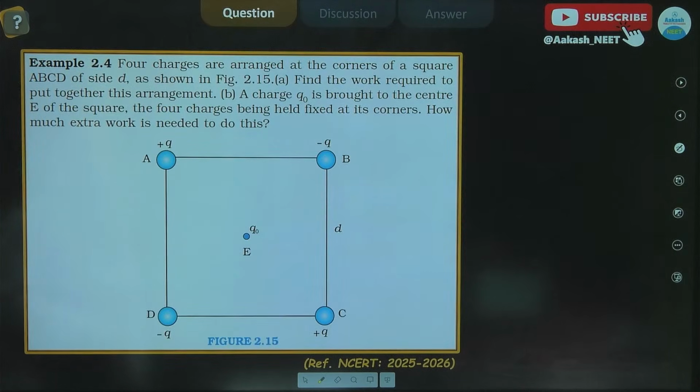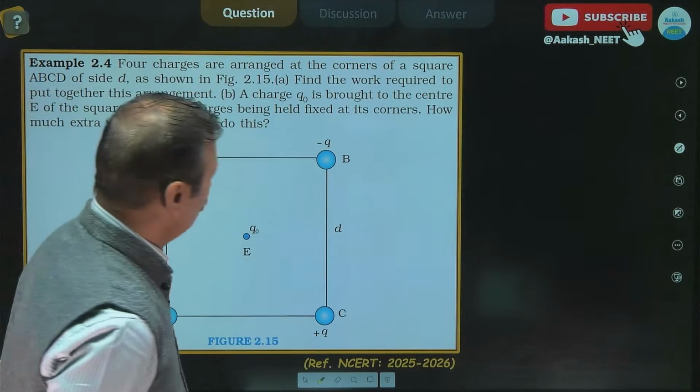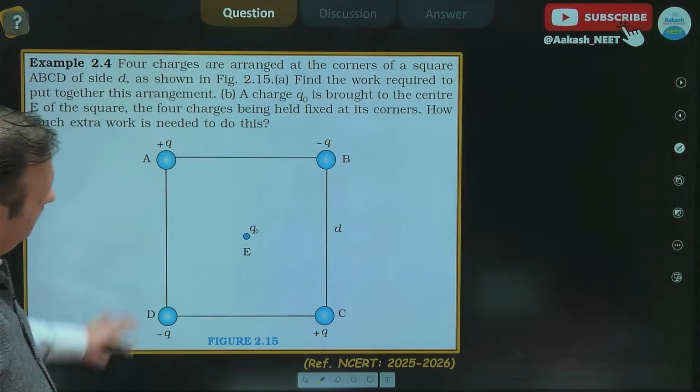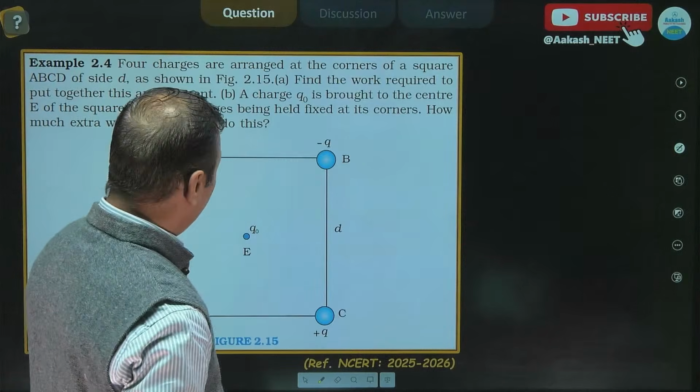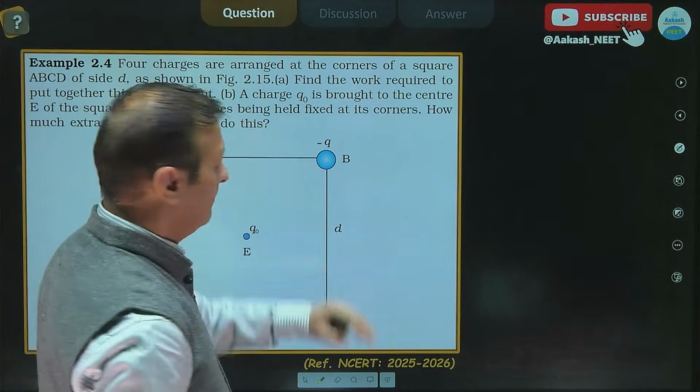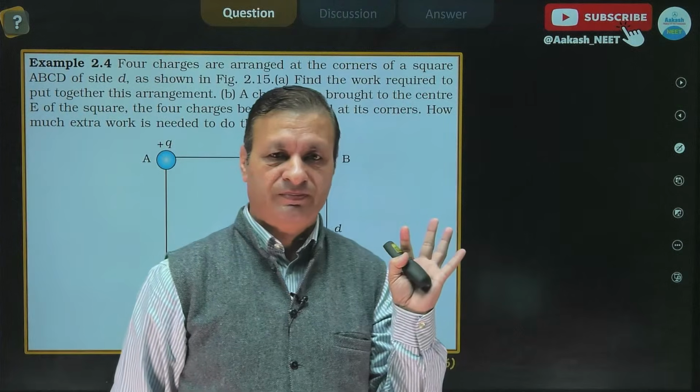Now we have 4 charges arranged at the corners of a square ABCD of side d, as shown in figure 2.15a. The first part, part A, says find the work done required to put together this arrangement. To bring this arrangement to the final configuration, the work done depends purely on the final configuration.